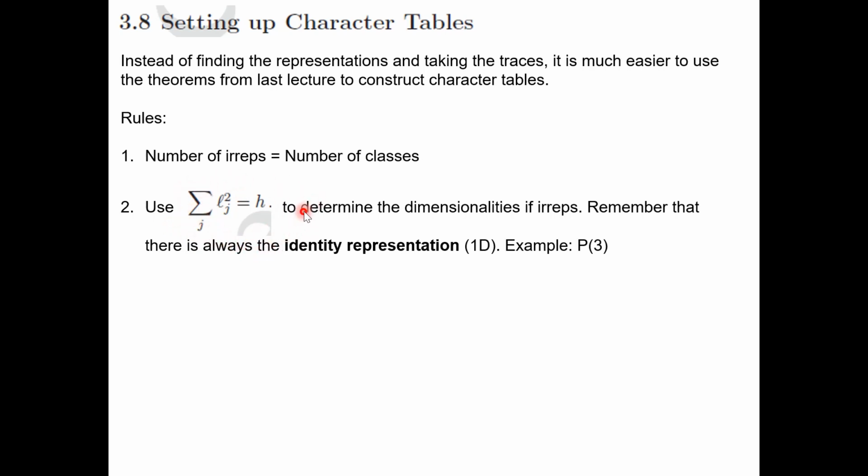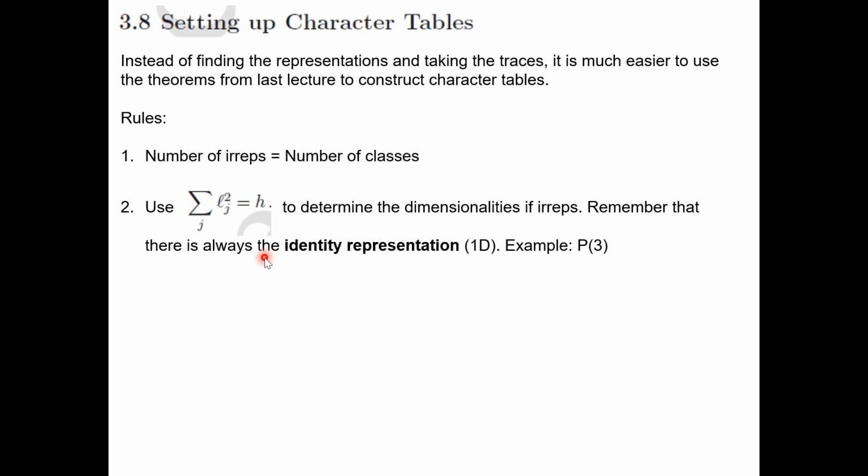So this equality. H is the order of the group, and this is a summation over the dimensionalities of irreducible representations squared. So most of the times, using this equation, it's enough to find out what the dimensionalities of the IREPs are.